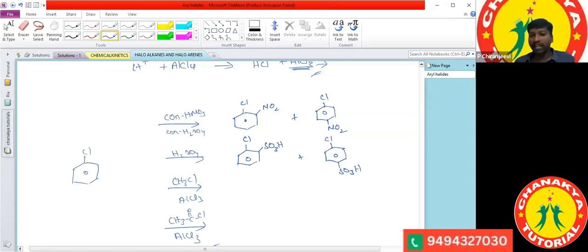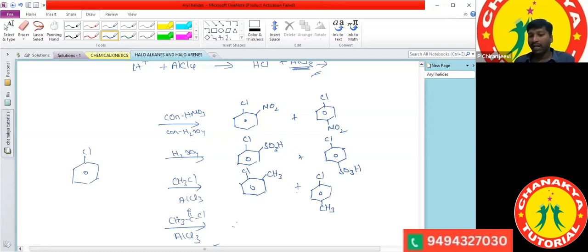Very good. CH3 plus is the electrophile. Substitution will take place at the ortho and para positions only. So the methyl group is substituted at the ortho position and at the para position, which we call ortho-chlorotoluene and para-chlorotoluene.